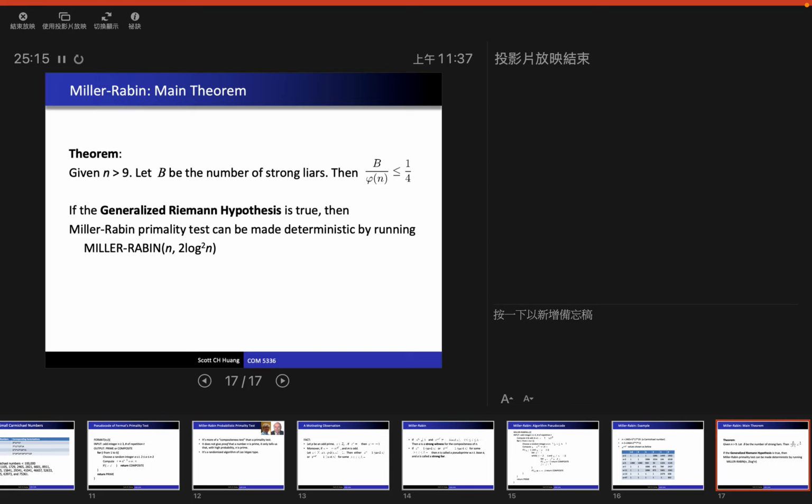And then this theorem tells us that the number of strong liars divided by phi n is less than 1/4, which means the number of strong liars divided by n must be less than 1/4. It's even smaller. So b divided by n is the probability that we randomly pick a number a and then do the test. So the probability of being a strong liar is not much.